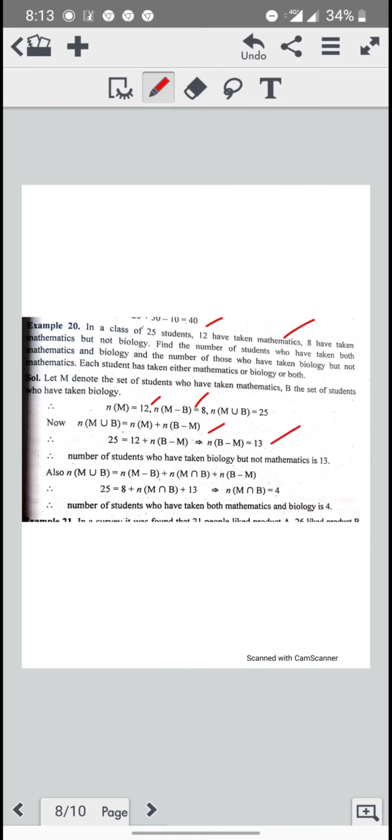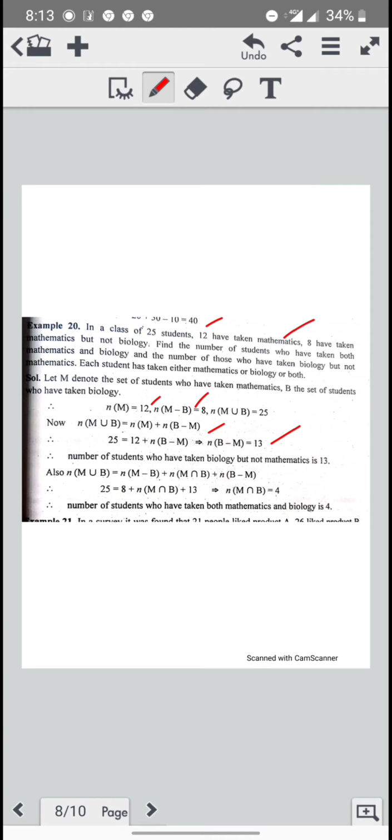Find the number of students who have taken both mathematics and biology. That is, we have to find n(m intersection b) and the number of those who have taken biology but not mathematics, n(b minus m). Each student has taken either mathematics or biology or both.